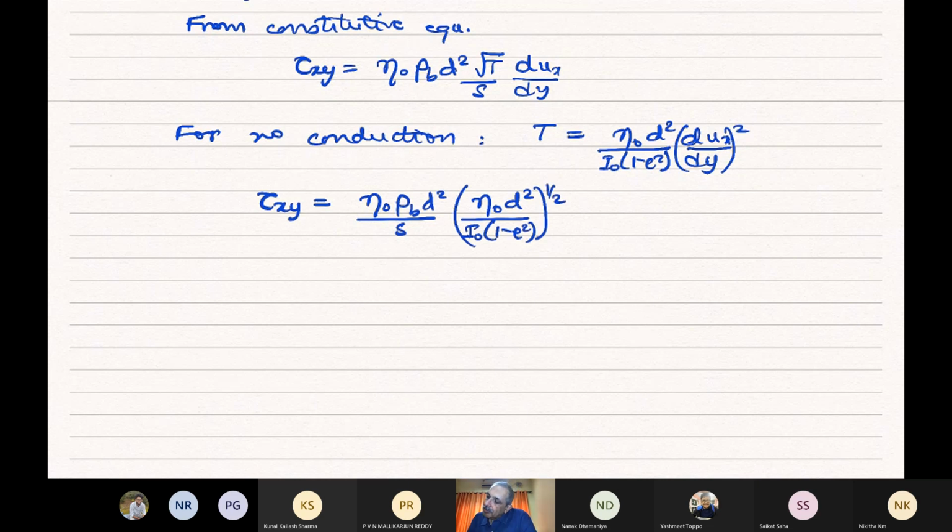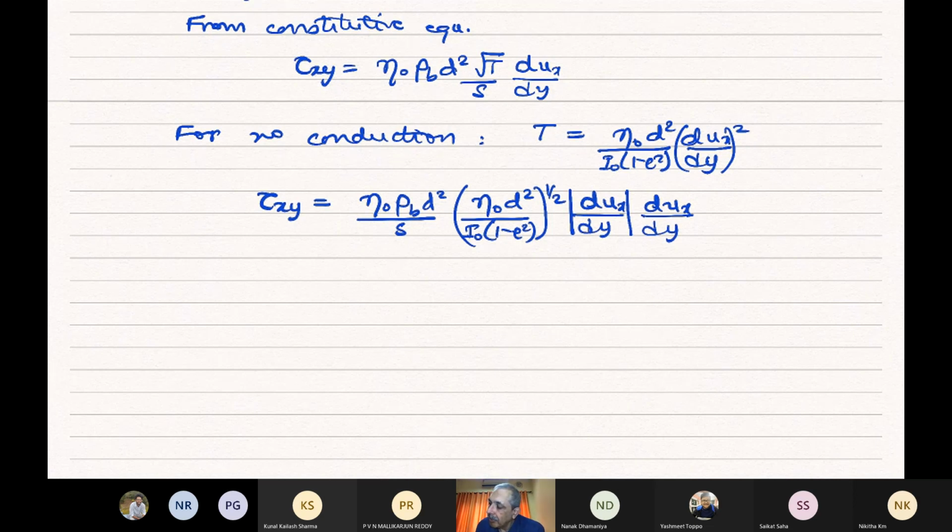Now, when we take the square root, we have to take the positive sign only. So even if du by dx is negative, as it is in this case, we have to take the positive sign. So we will take this as absolute value of dux by dy multiplied by dux by dy. So this is a constitutive relation. We had just derived this earlier.